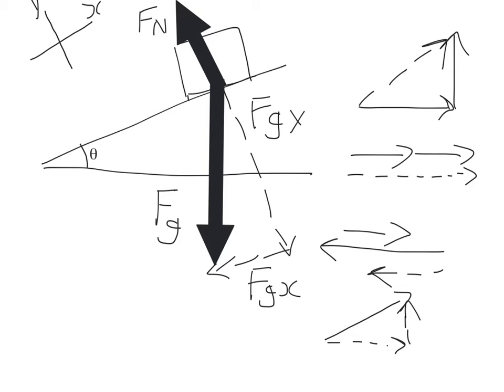So that means that we can actually use this idea or this idea because we have a 90-degree triangle. If we happen to know the hypotenuse, we can use trigonometry to figure out these two sides, provided that we have another angle. So that means we do need another angle.